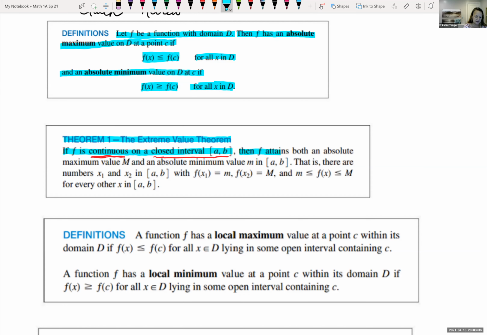It says then f attains both an absolute maximum value, they call it capital M, and an absolute minimum value, little m, on that closed interval [a, b].